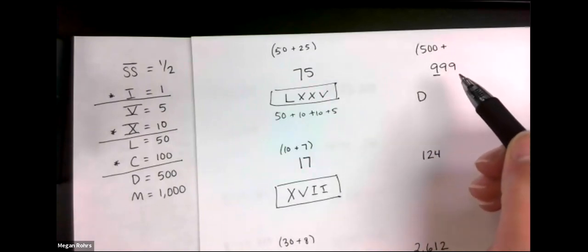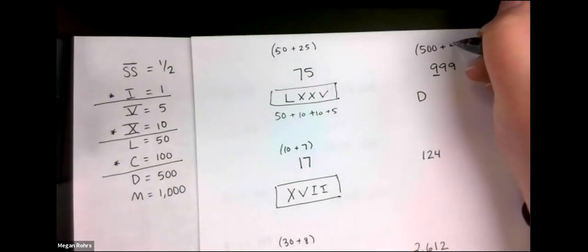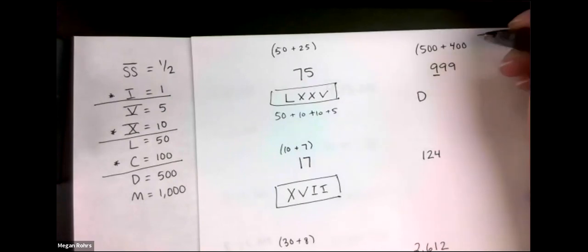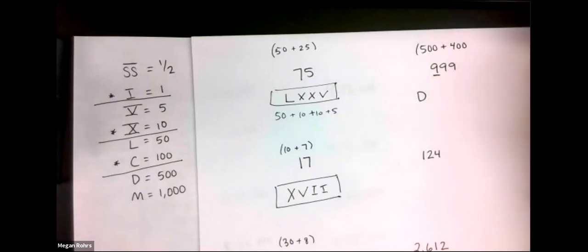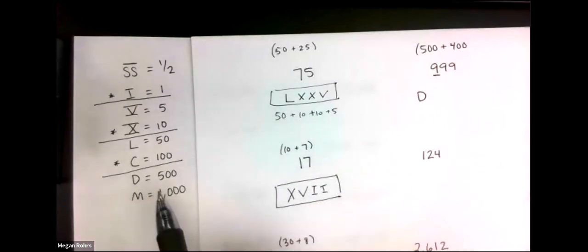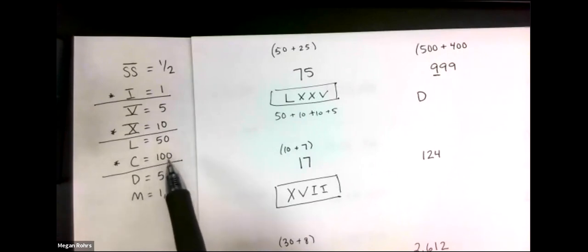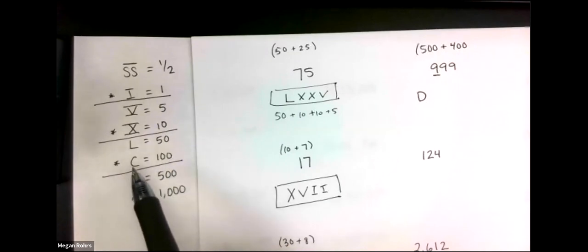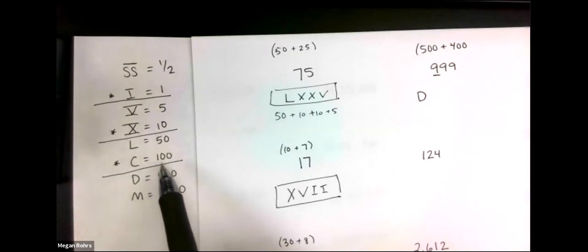So 500, well, we would need to add another 400 to give us 900. And then to write out 400, well, we can't repeat C 4 times because that is breaking the second rule. You can't repeat a number more than 3 times.